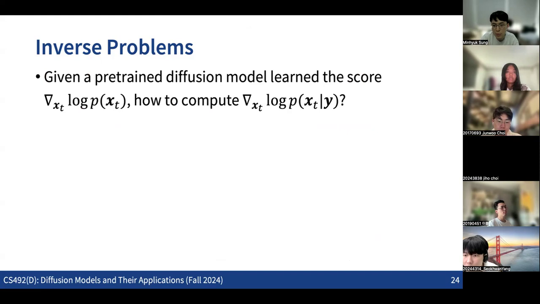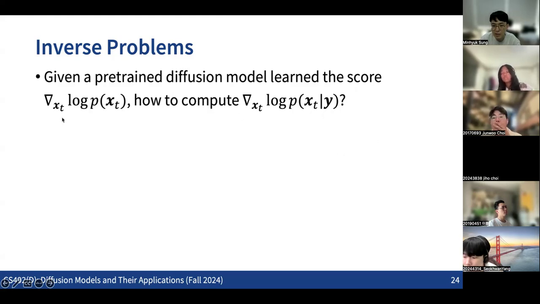So let's assume that we have a pre-trained diffusion model, which gives information about the score of the noisy data point xt. But now we want to do conditional generation, in that we are sampling xt given the condition y.